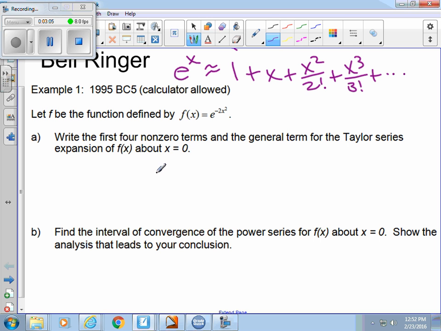Because it's centered at 0, I can use this memorization as a very, very big time shortcut. X is not x, it's negative 2x squared, right? So I'm just going to put that in where all of the x's are. Again, you could have done this the long way. It would have been fine. You would get the same answer.